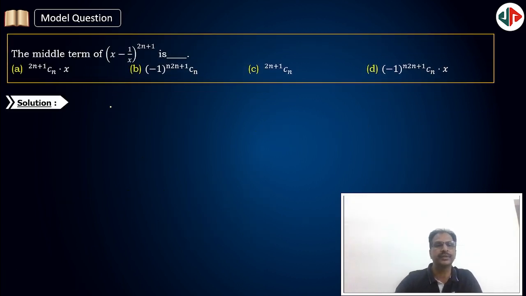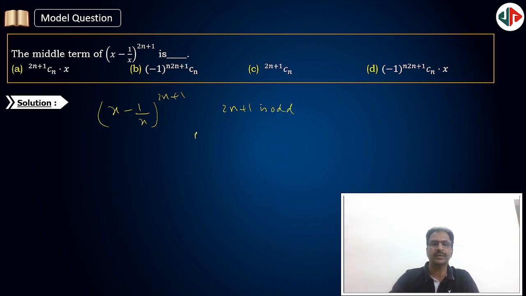Next, the middle term of the expansion (x minus 1 by x) whole power 2n plus 1. So the middle term depends upon the index. Here 2n plus 1 is an odd number.